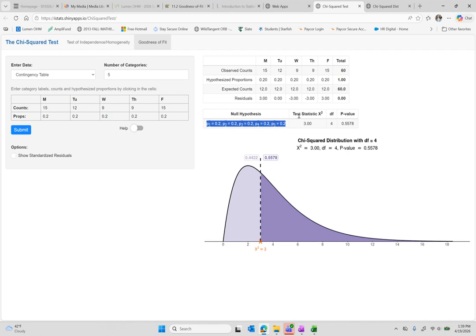We found a test statistic chi-squared of 3, degrees of freedom were 4, and your p-value came to be 0.5578 or 55.78% on a right tail test. 55.78% is not an unusual outcome coming from this theoretical distribution that assumes the null hypothesis, so we don't have enough evidence to reject the null hypothesis.